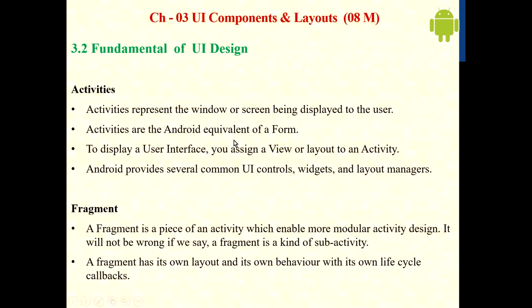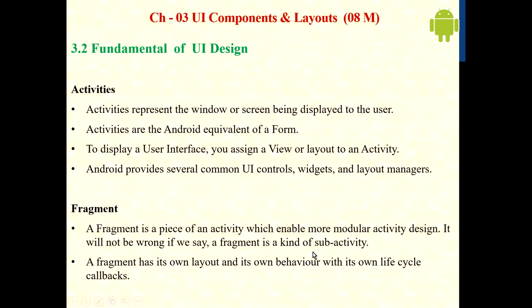Okay, UI controls means simply your components like button, label, that all we see in advanced Java. Those components are called UI controls. Okay, widgets and layout managers. Then next one, fragment. A fragment is a piece of an activity which enables more modular activity design. It will not be wrong if we say a fragment is a kind of sub activity.